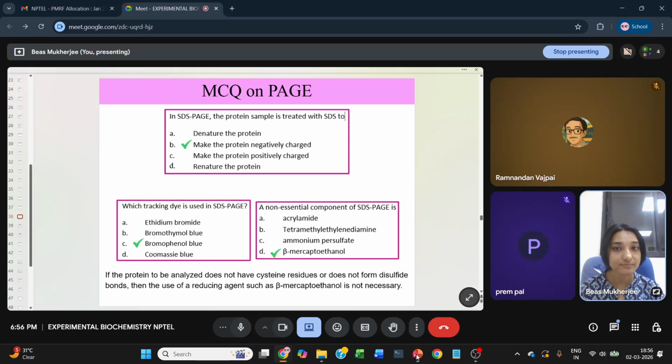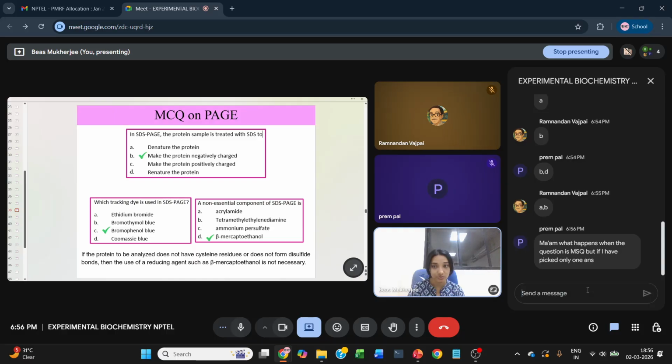So SDS is majorly used for making the protein negatively charged. It also assists in denaturation of the protein. The next question: bromophenol blue is used as a tracking dye. Coomassie brilliant blue is used for staining, right? And non-essential component, what happens if the question is an MSQ?